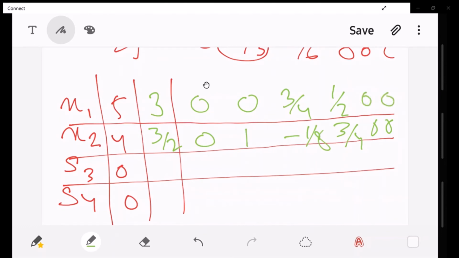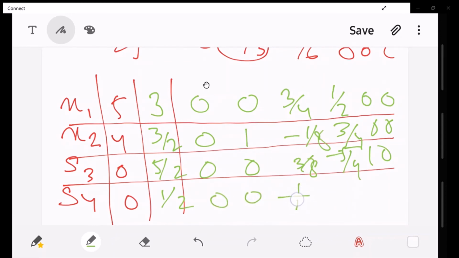Similarly, continuing for this, we shall get here 5 by 2, 0, 0, 3 by 8, minus 5 by 4, and then 1, 0. Again here we shall get half, then 0, 0, 1 by 8, minus 3 by 4, and 0, 1.